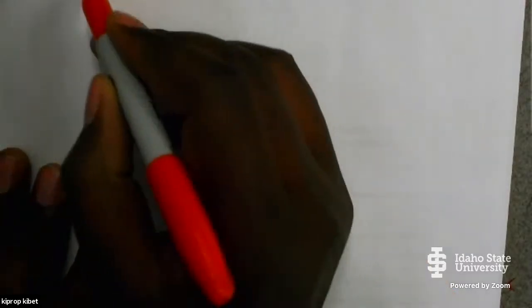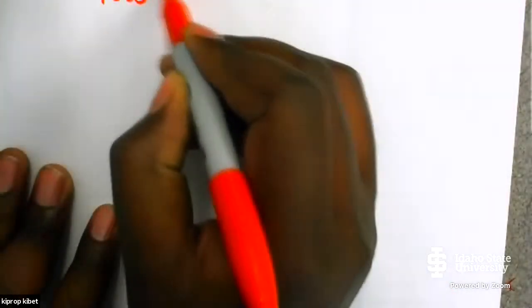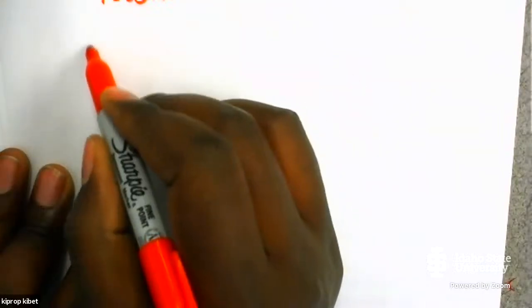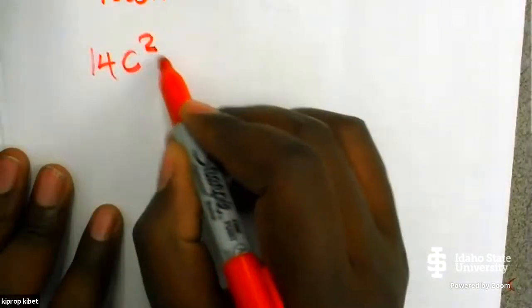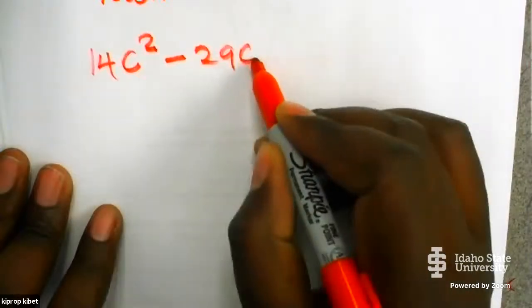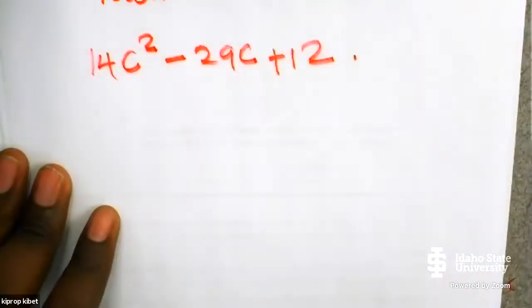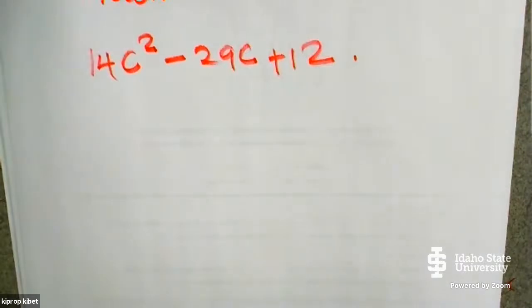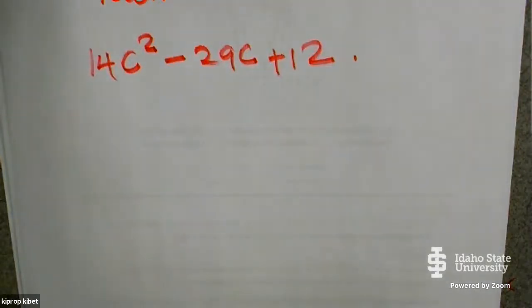Now, if you are given also to factor this: 14c squared minus 29c plus 12.